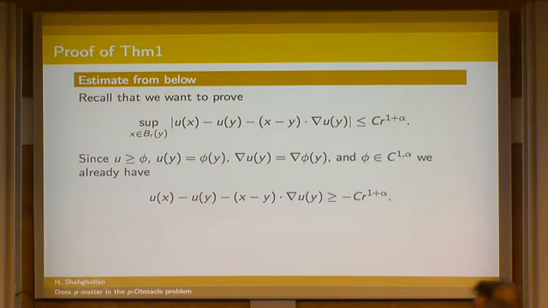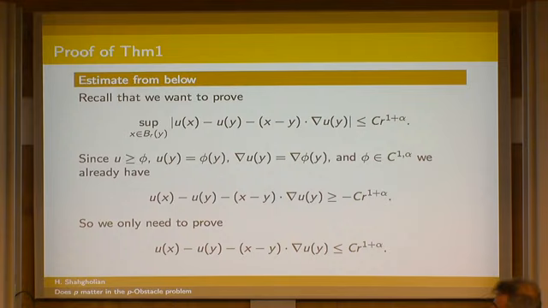Okay, so let's see how we do this. The idea is very simple, and it has to do with the scaling. The problem is that when you want to scale the p-Laplacian at a point where the gradient is not zero, you're in a little bit of trouble, because you have to subtract the linear function.